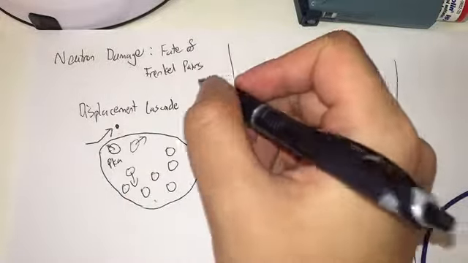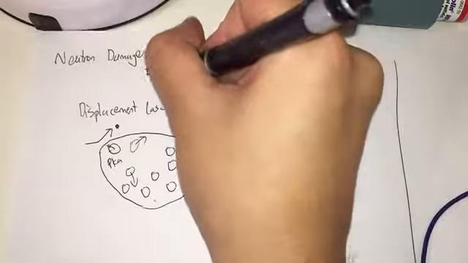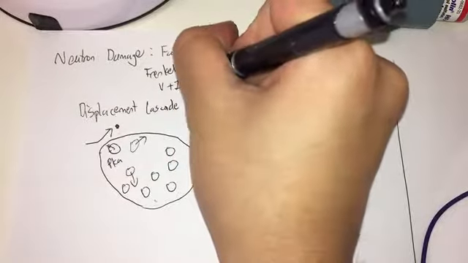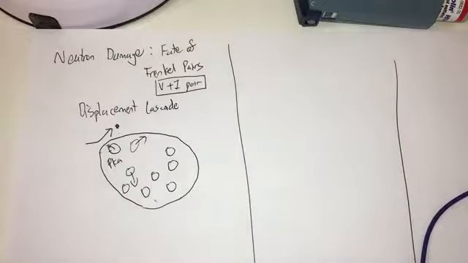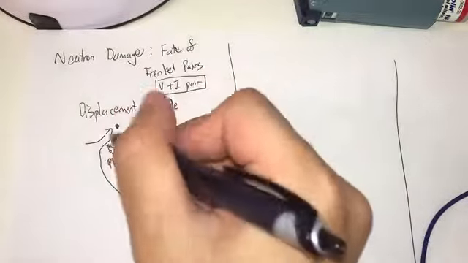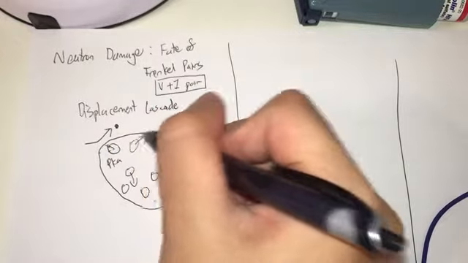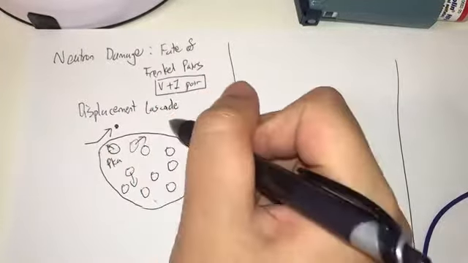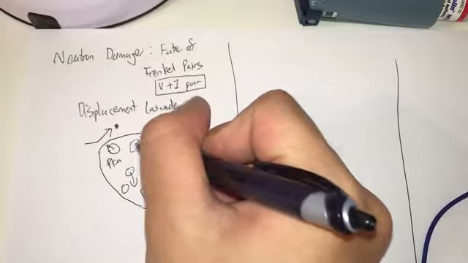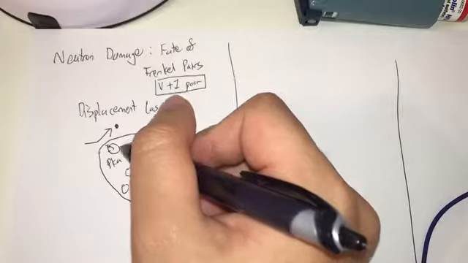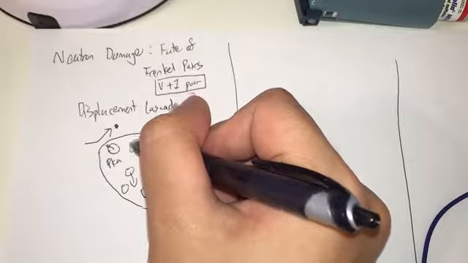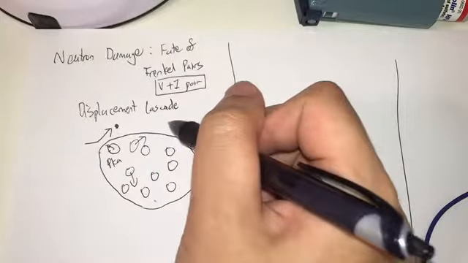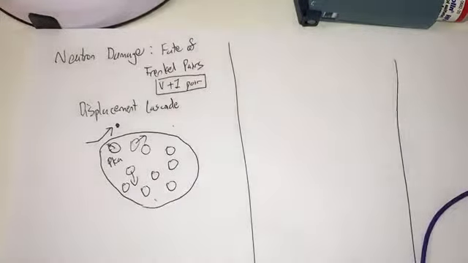And what are Frenkel pairs? Frenkel pairs are vacancy plus interstitial pairs. Just to remind us, every time an atom is displaced from its position, the site where it's displaced from will have a vacancy there, and this atom that is dislodged and displaced will end up as an interstitial somewhere else.